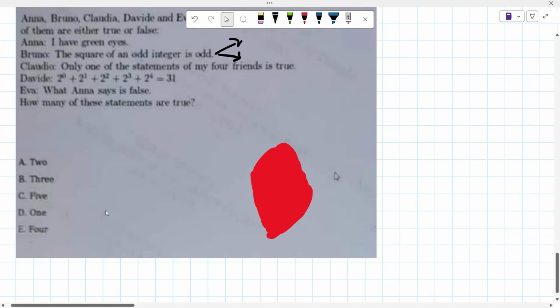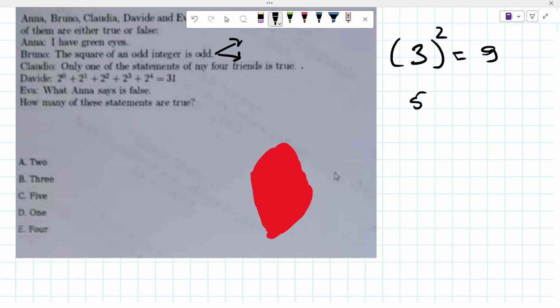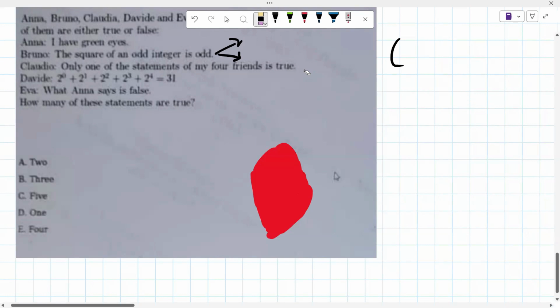Yes, this is true. For example, 3 is an odd number, and you square it, you have 9. 5 is odd, you square it, you have 25, and so on. All odd numbers, if you square them, will also be odd. So we already found one true statement. Let us denote it as true.